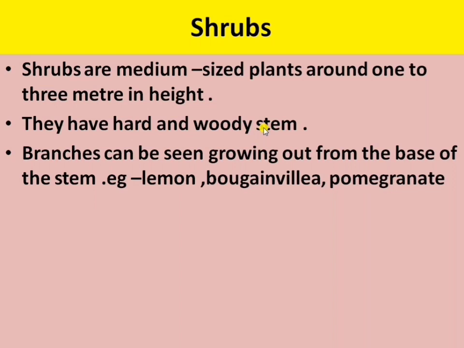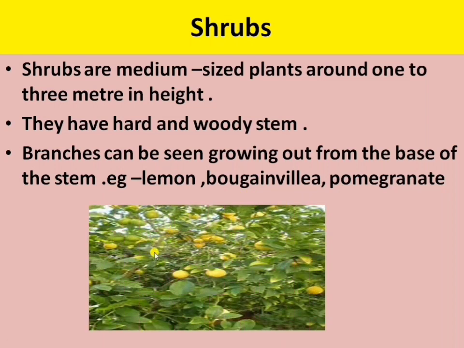These stems are not very thick. Their branches can be seen growing out from the base of the stem. Examples of shrubs are lemon, bougainvillea and pomegranate. This is the picture of a lemon plant. So lemon is an example of a shrub.